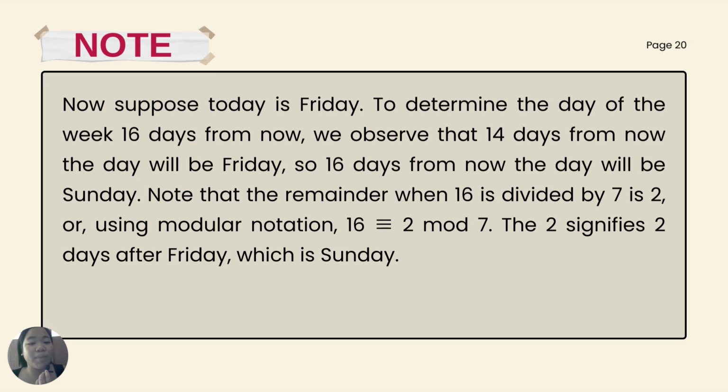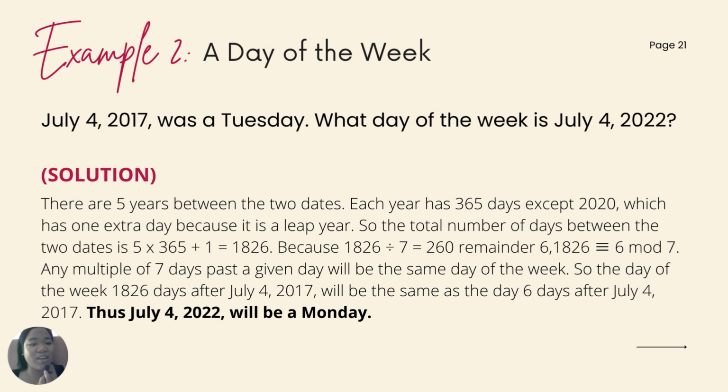Note that the remainder when 16 is divided by 7 is 2. Using modular notation, 16 is congruent to 2 mod 7. So the 2 there signifies 2 days after Friday, which is Sunday.